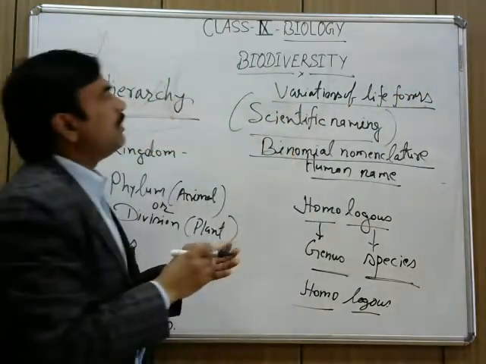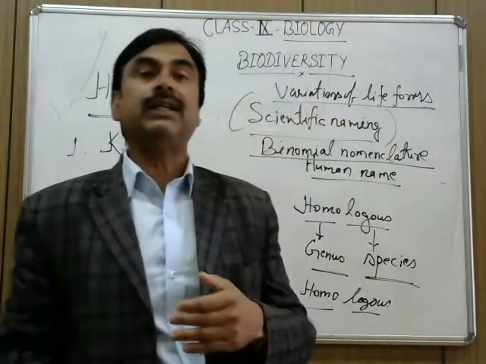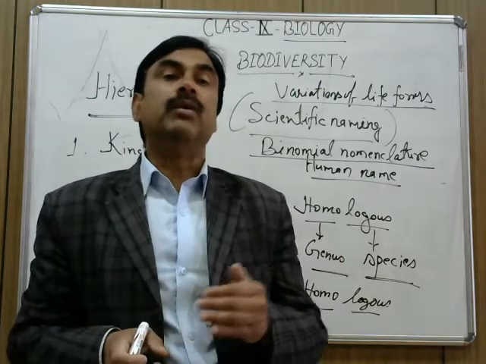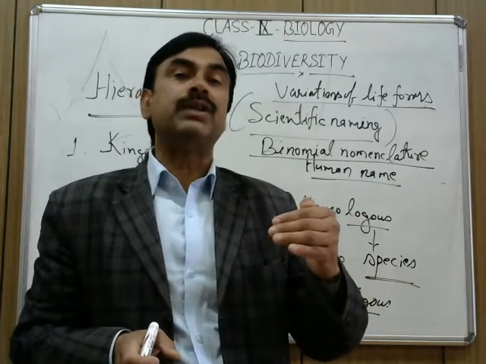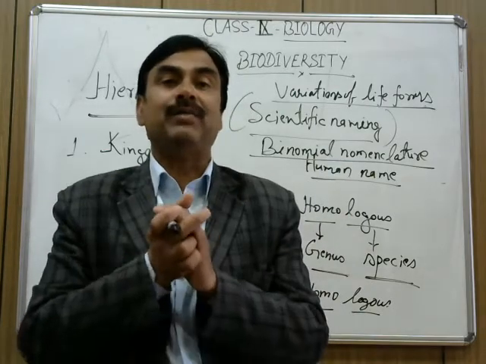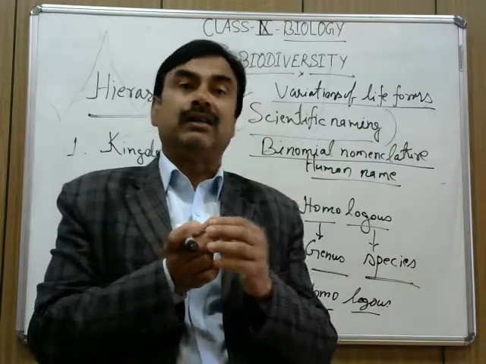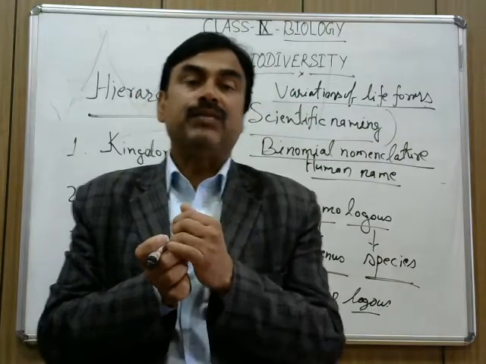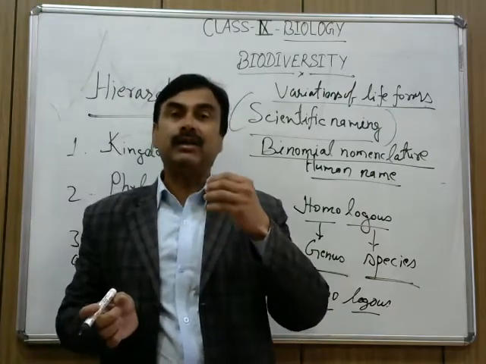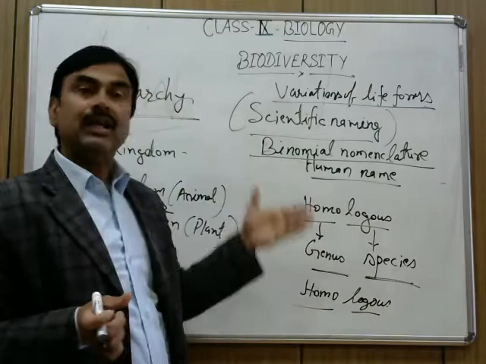Variations of life forms means we will study that in the entire world, more than 1.7 million species of plants and animals are available. So when we start the classification, it is very important to understand some terms. As I was telling you in the beginning, you have to notice the Latin word.